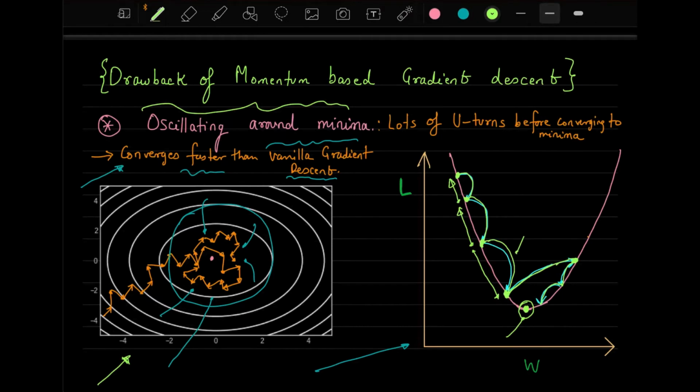Because of that, this momentum based gradient descent starts oscillating and doesn't reach the minimum value. So that is the main drawback of momentum based gradient descent.